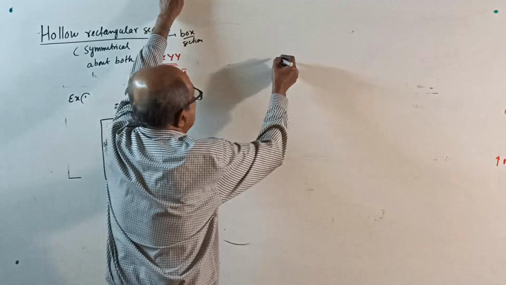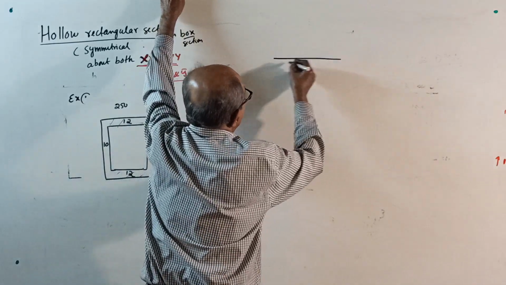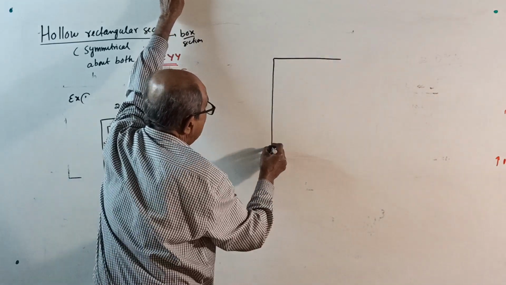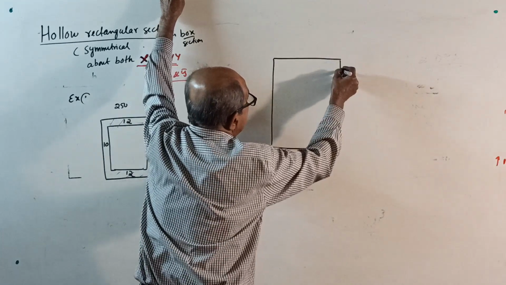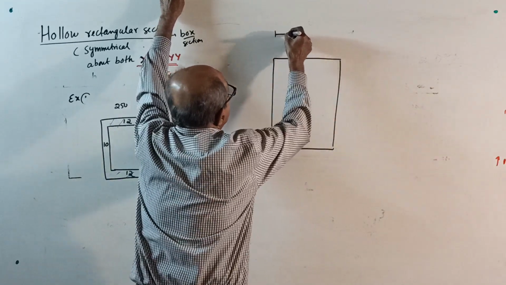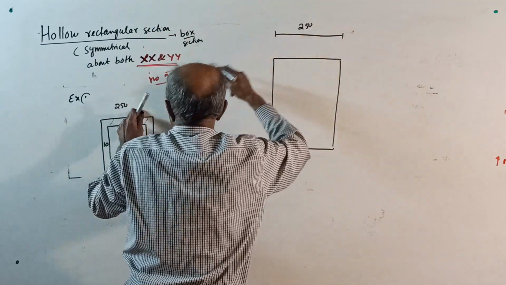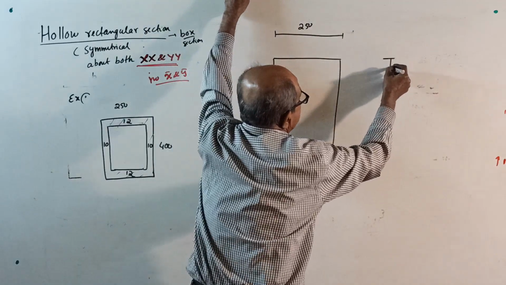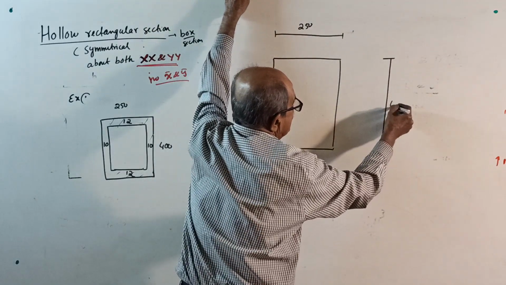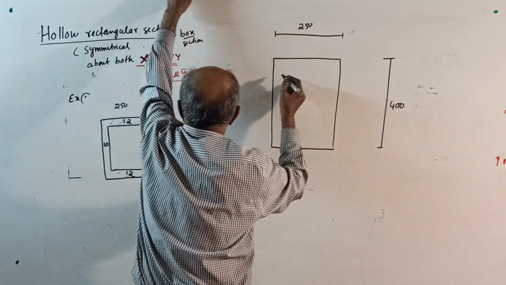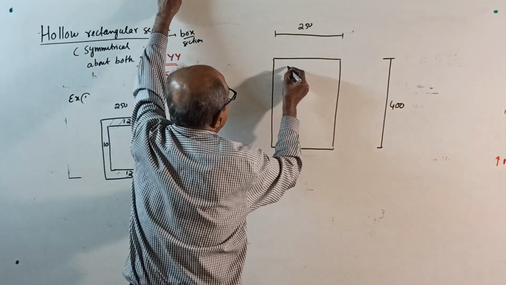Start. Directly, without any calculation, see how fast you can do it. Outer width, how much? 250. Outer depth, 400. Mark it. Then 12.